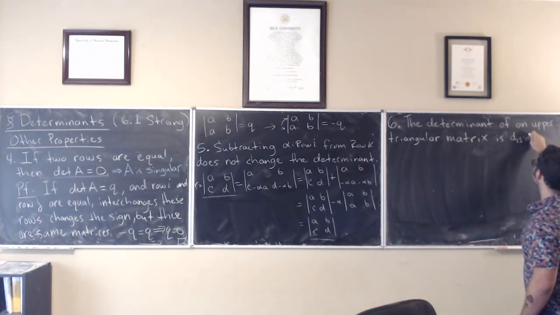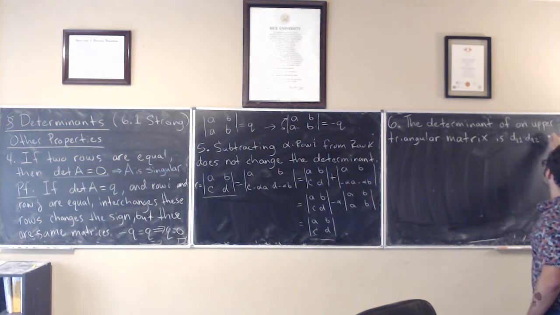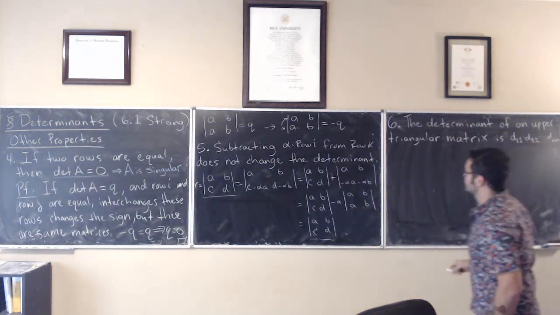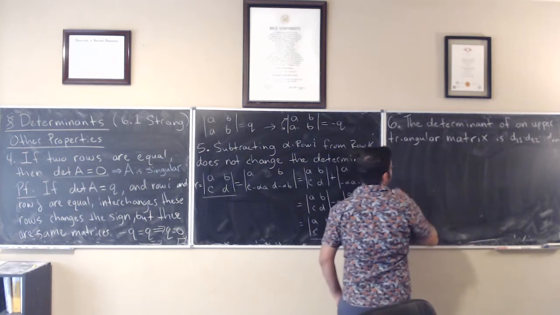D11 times D22 times ... times Dnn. It's a 2 right there. And this is the product of the diagonals.